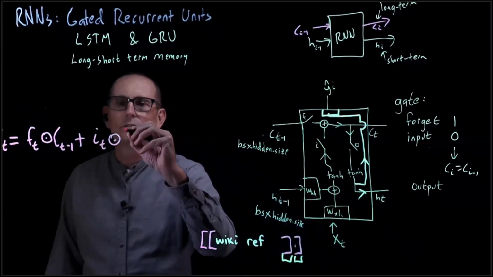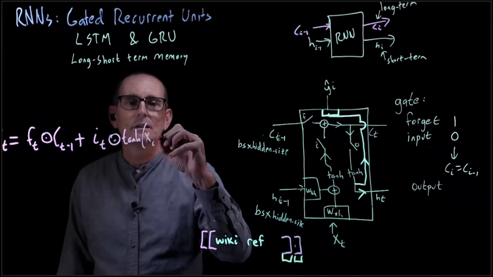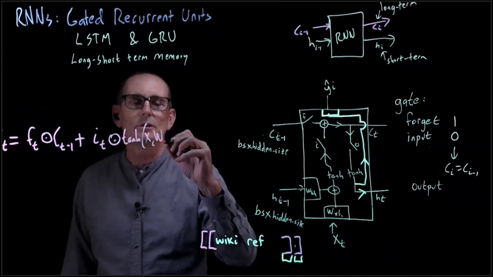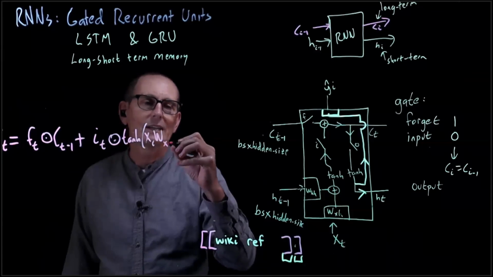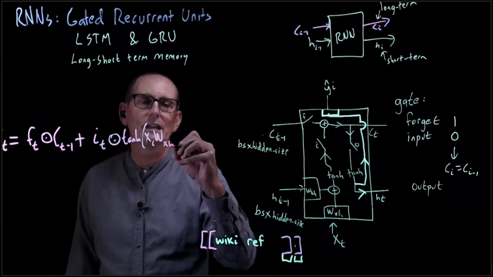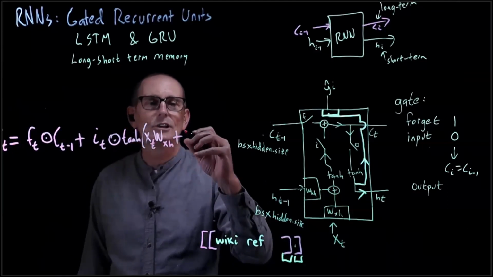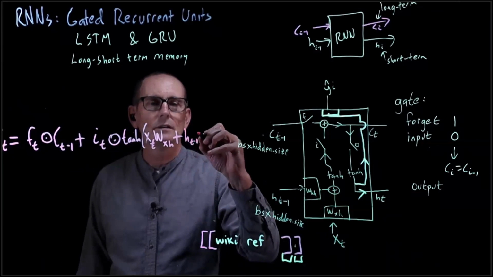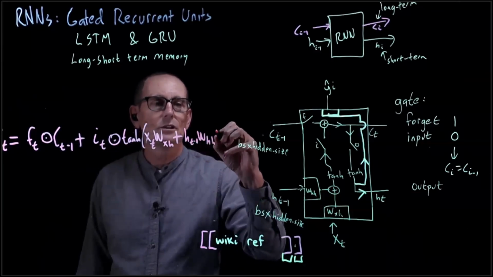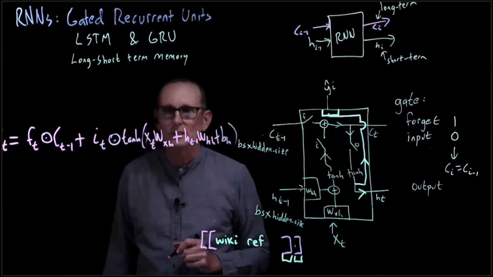So that's tanh of X sub t W_XH plus H sub t minus 1 W_HH plus B sub H. Okay, so that's our C sub t.